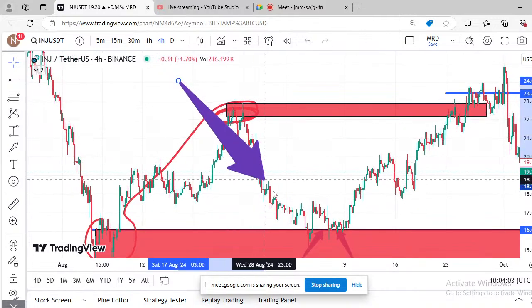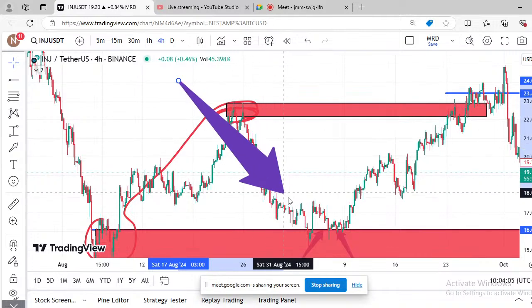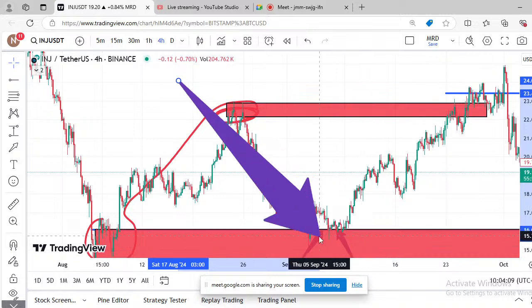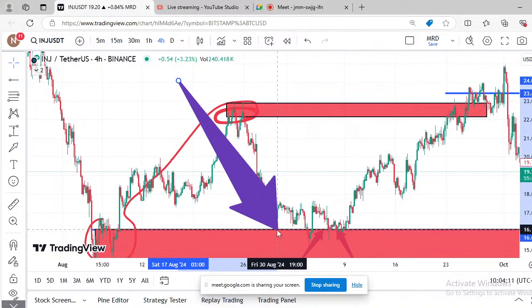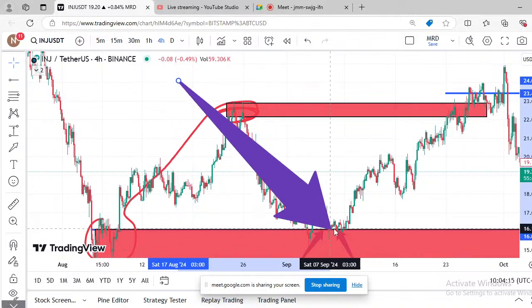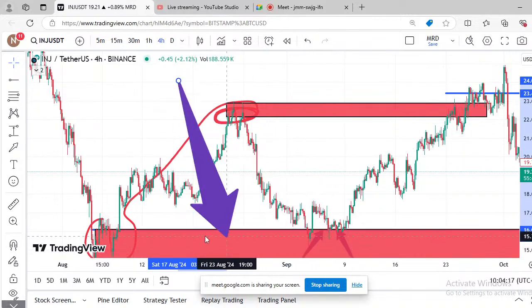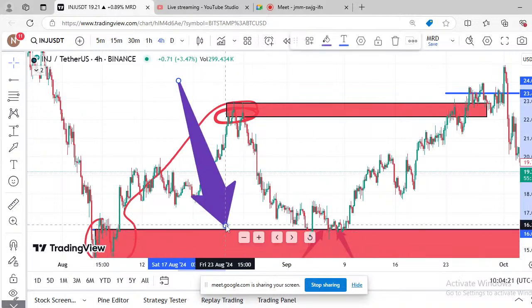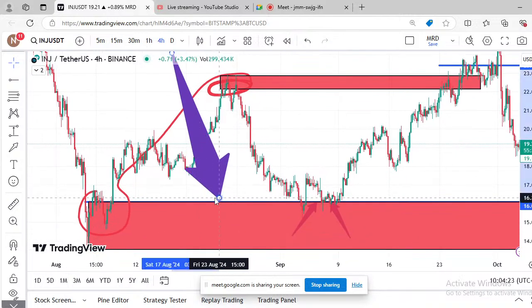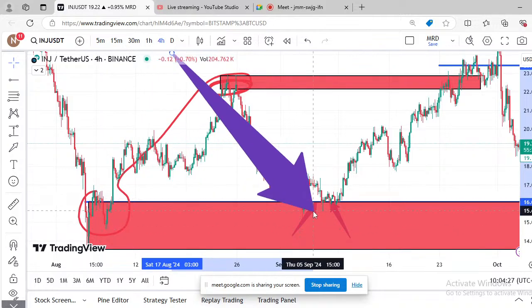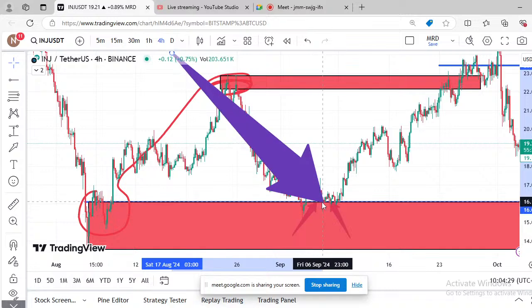We can see market rejecting, coming back to this point, coming back to the same area, whereby we can call it a retest. The market was retesting what we call the discount level, because it was the lowest point of the market, and you can see here market coming back to retest it.